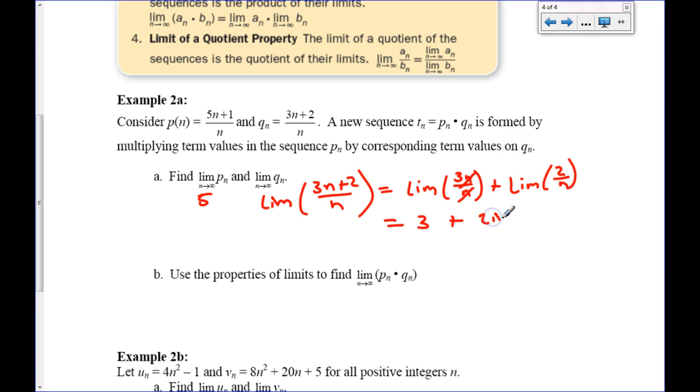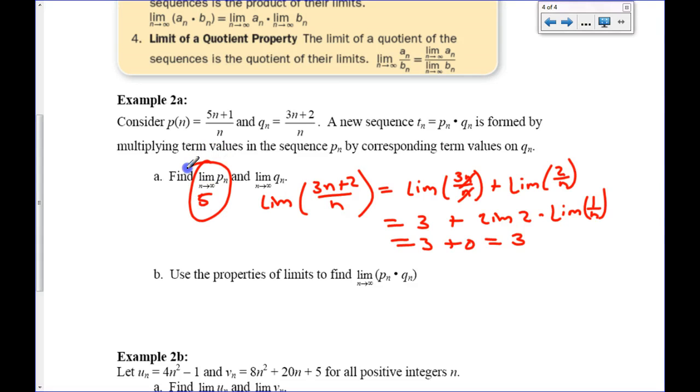The limit of 2 times the limit of 1 over n, because we know the limit of 1 over n. Yep, it's still 0, right? Because 1 over n is 0, and the limit of 2 is 2, so 2 times 0 is 0. So it'll be 3 plus 0 equals 3. Yes? So anything over n is just 0? Yep.